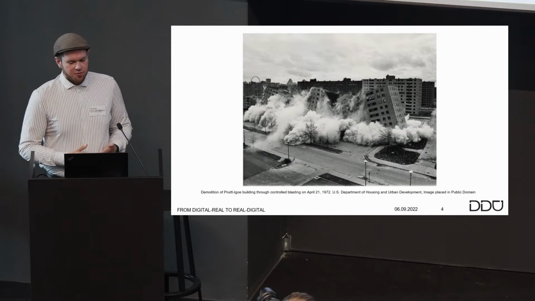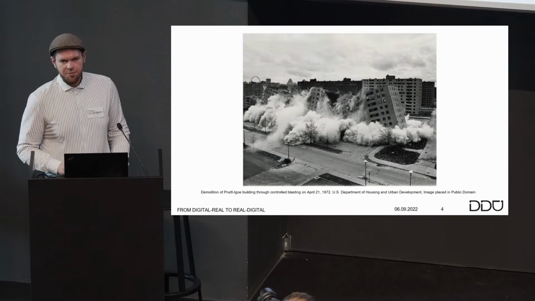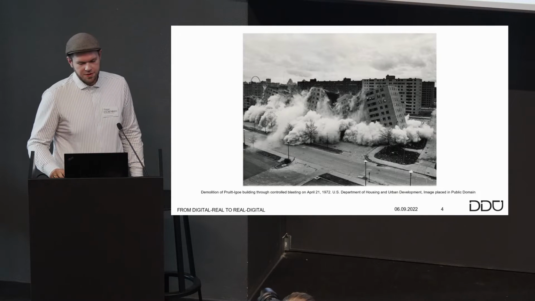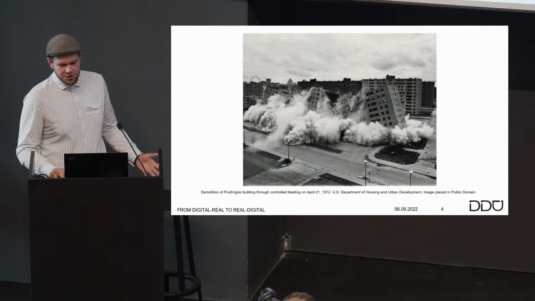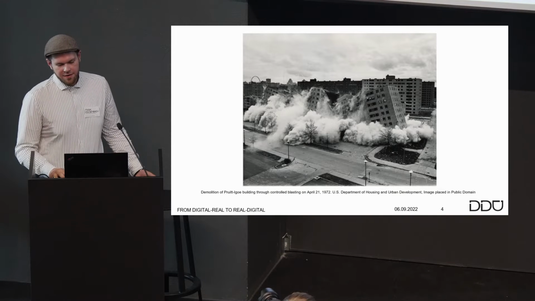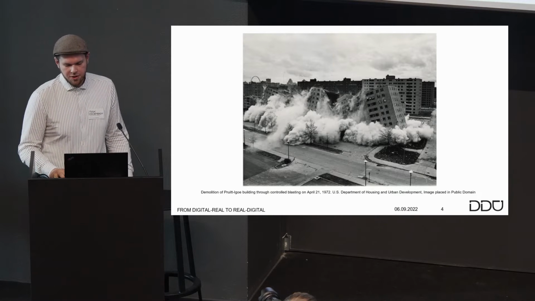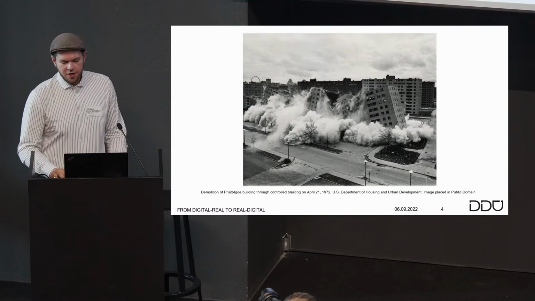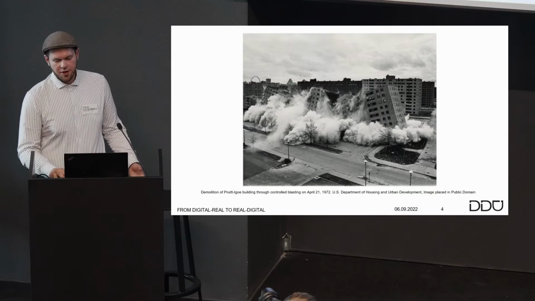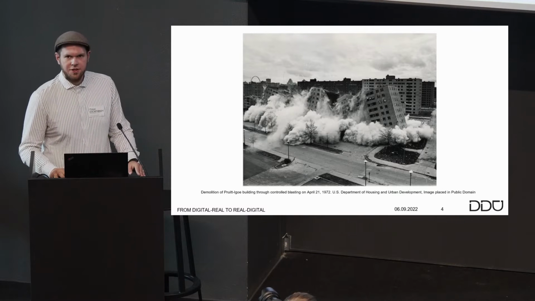The construction of Pruitt-Igoe was modular and heavily based on prefabrication of components. Construction finished in 1955, and the first building was demolished only 17 years later in 1972. By 1976, all of the 33 buildings were demolished in a destructive manner, rendering all the contained modular components as waste, as well as destroying all the embedded design and engineering intelligence.